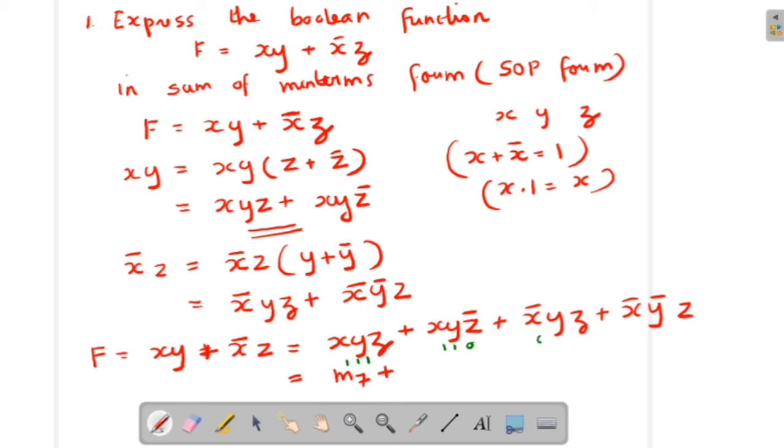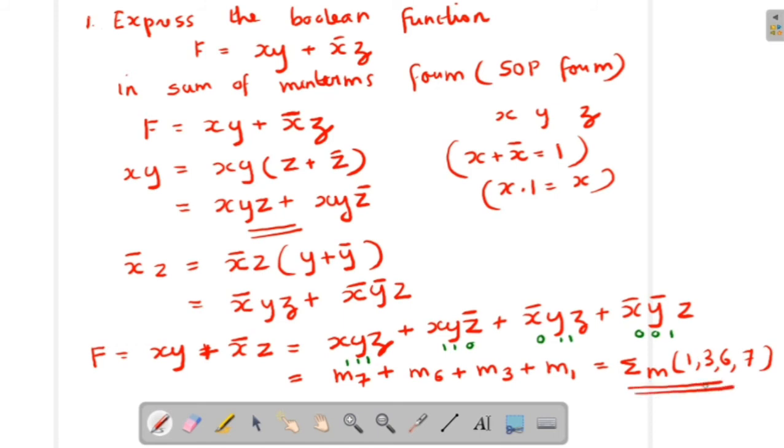Here it is 0, 1, 1, which is m3, and here it is 0, 0, 1, which is m1. That means we can write it as sigma m of 1, 3, 6, 7. So this is the sum of minterms form of the function f is equal to xy plus x bar z.